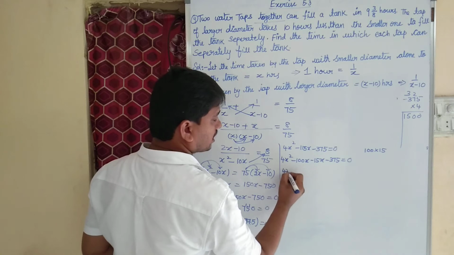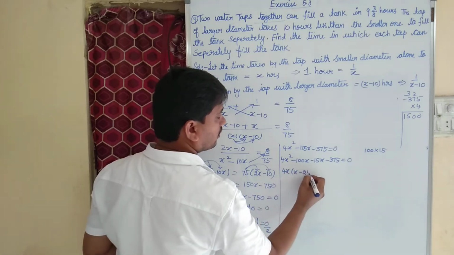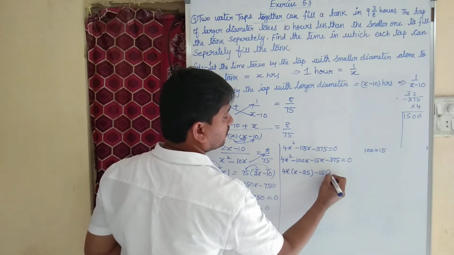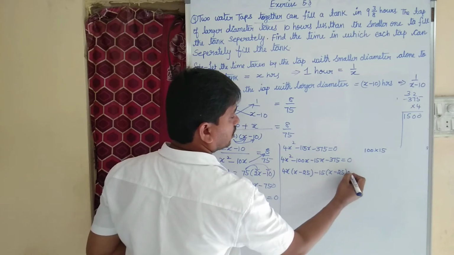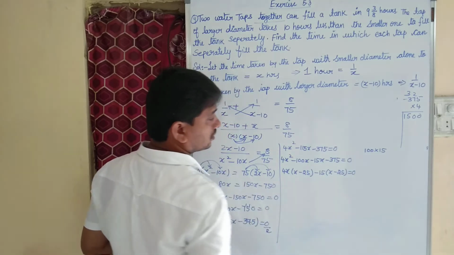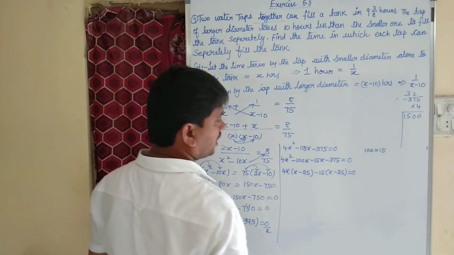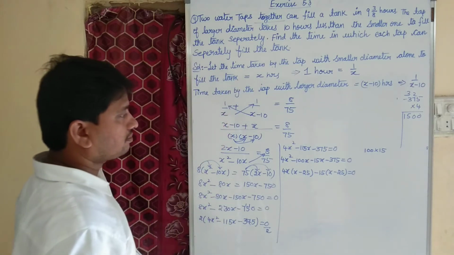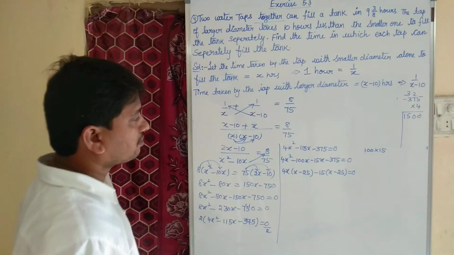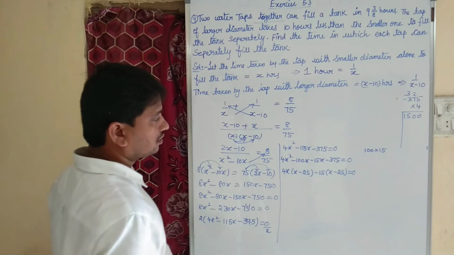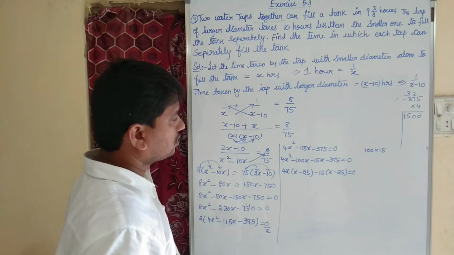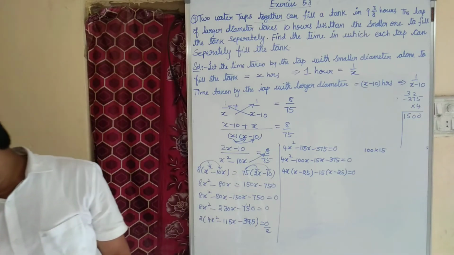So let us take 4x common here: x minus 25 is 100. Here you take minus 15 common: x minus 25. Right? Sorry, children, this is 1500, and 100 and 15 are not the factors, I guess.